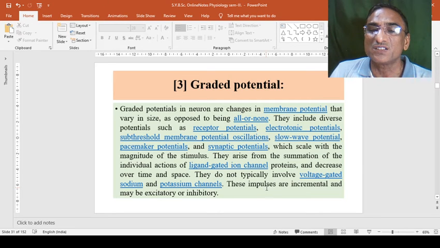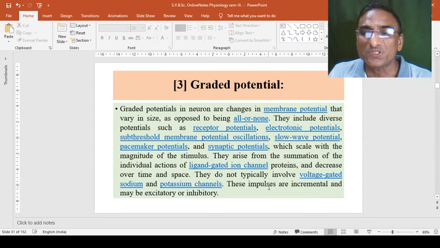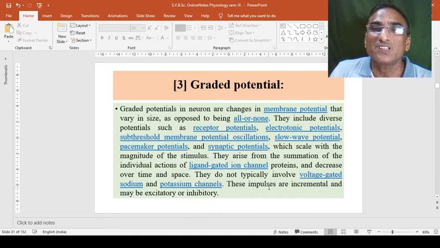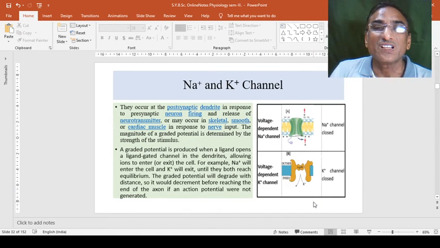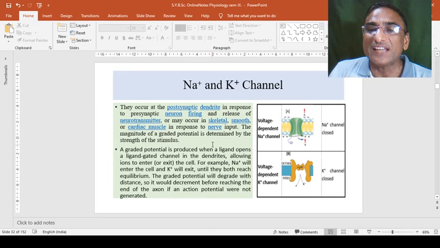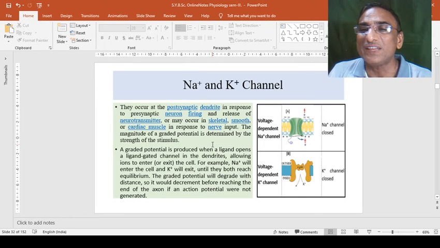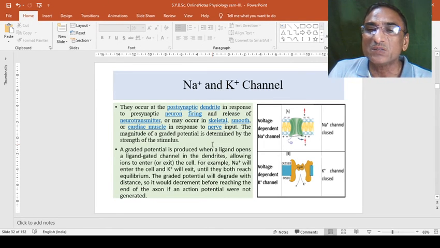Their concentration gradients must be studied to understand the graded potential of the cells. Potassium and sodium are the main ions which play a very important role in the movement of their concentrations.